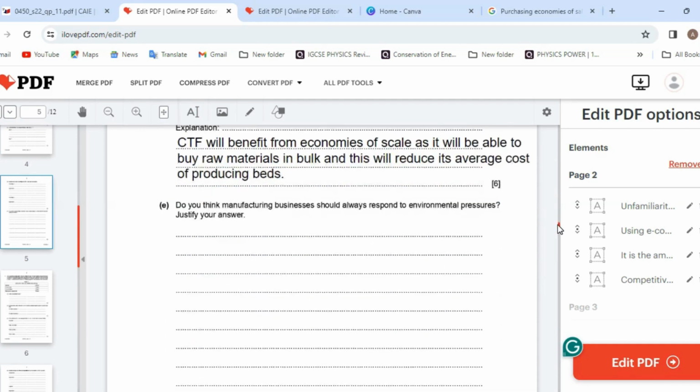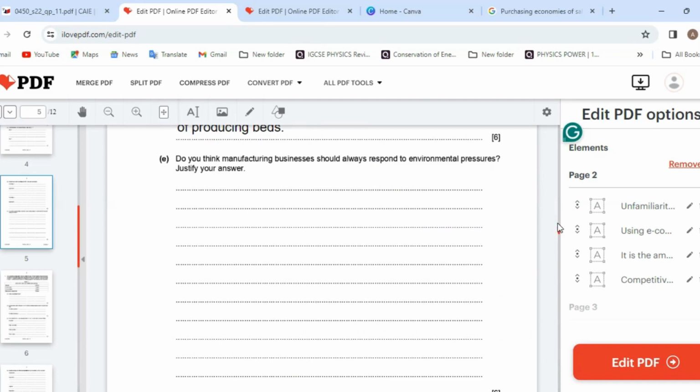Okay, now let's move to the next question, which is question 2E. Do you think a manufacturing business should always respond to environmental failures? Justify your answer.